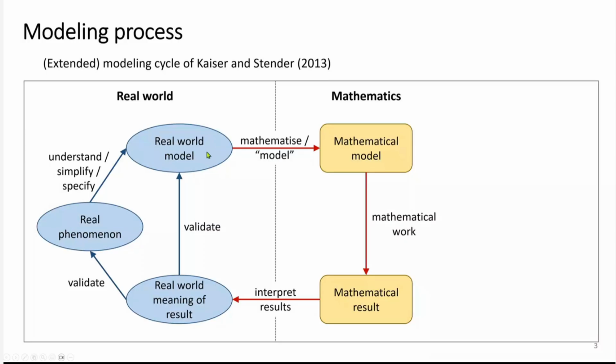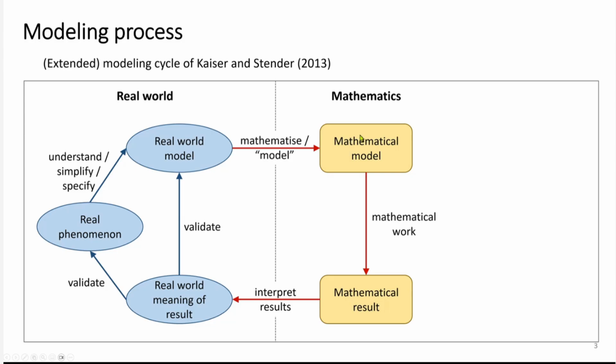Instead, we now create a mathematical model, and we move from the real world to mathematics. For this, you need to know physics and mathematics, and capture some equations that idealize the behavior of that simplified real world model. So you have a mathematical model.